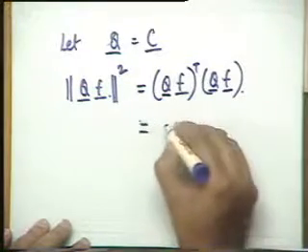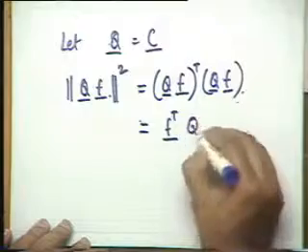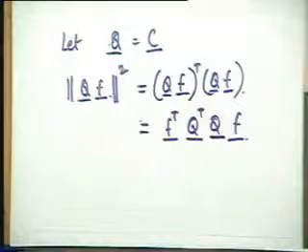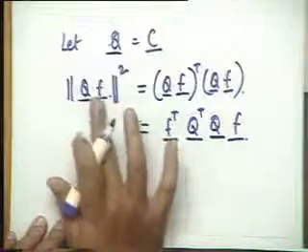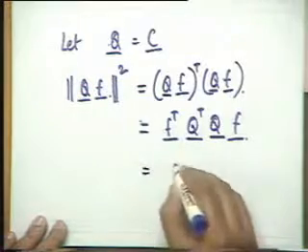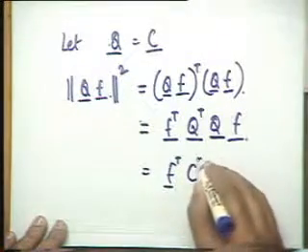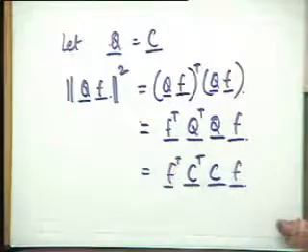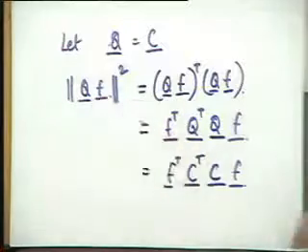And this is going to be F transpose Q transpose QF. Since we have chosen Q equal to C, our minimization should be a minimization of F transpose C transpose C F. This is exactly what we wanted, isn't it? So we can very well choose Q equal to C because that satisfies our minimization criteria. Ultimately we have to minimize this norm of QF squared.